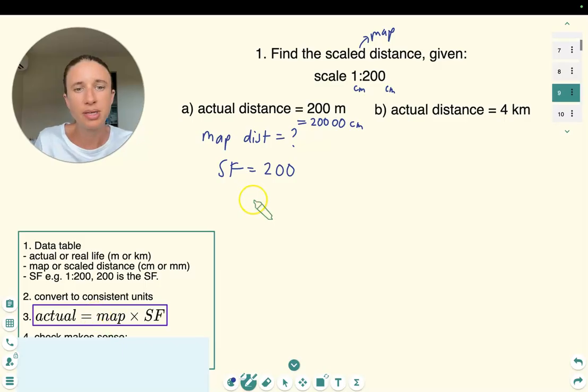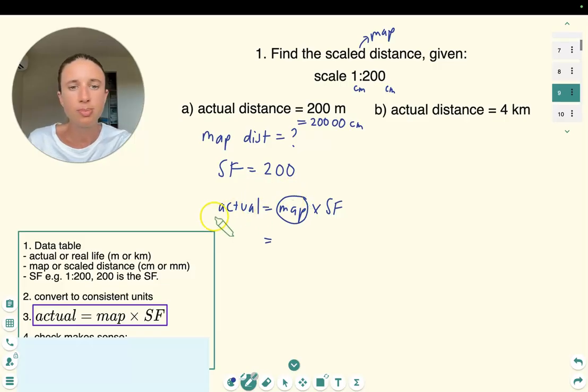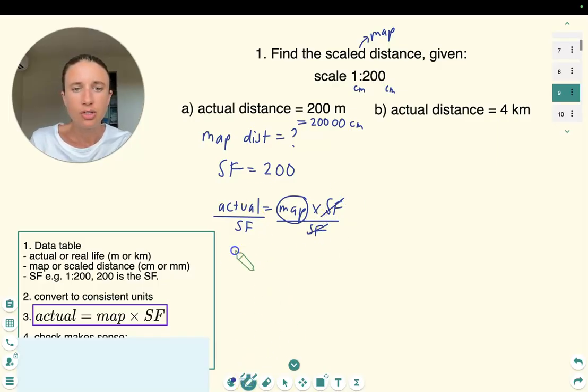Then my third step is I'm going to write my formula. Actual equals map times the scale factor. But I want to find that map distance. So I'm just going to rearrange my formula for it, which means I'll have to be dividing by the scale factor. So map is actual over scale factor.